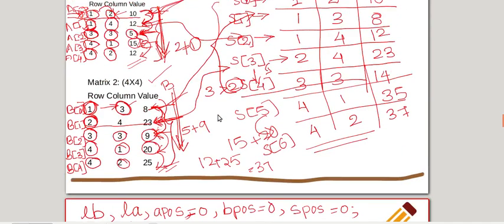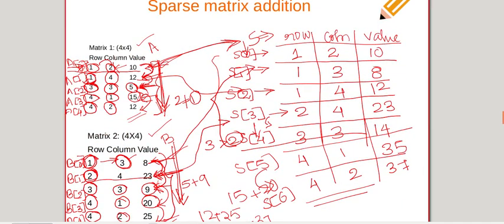If I want to copy a cell from A to S, either the condition is R1 equal to R2, and in that case the column C1 should be less than C2. R1 equal to R2 and C1 less than C2 means I can copy a cell from here to here. Another condition is if R1 is less than R2.